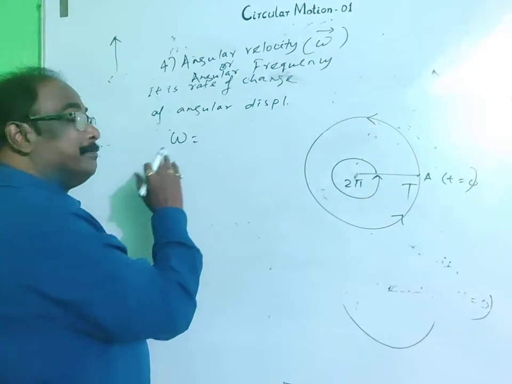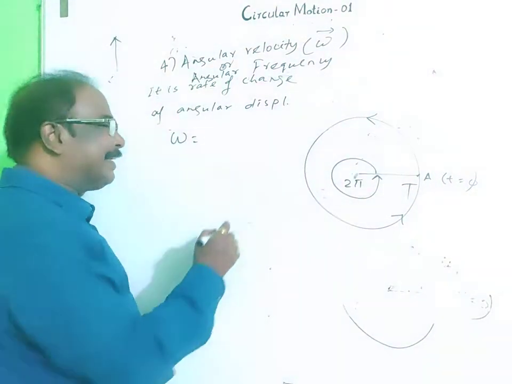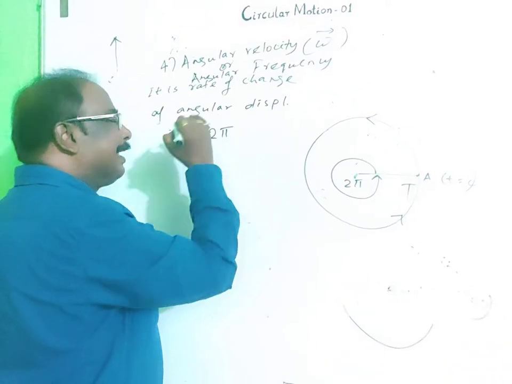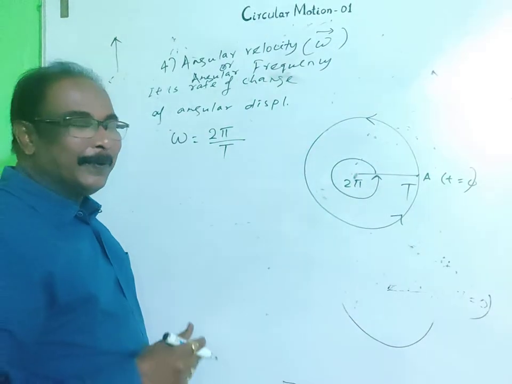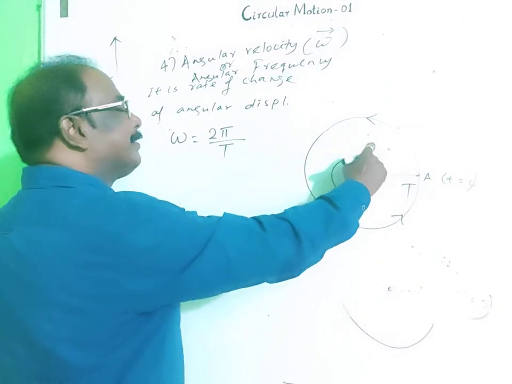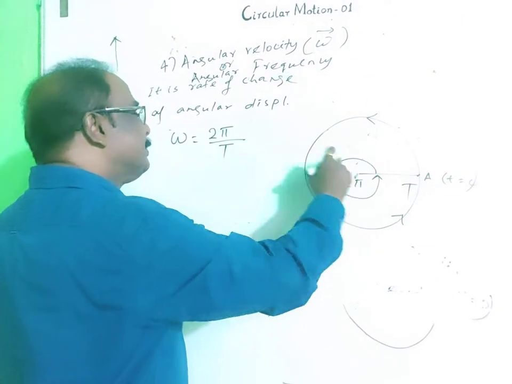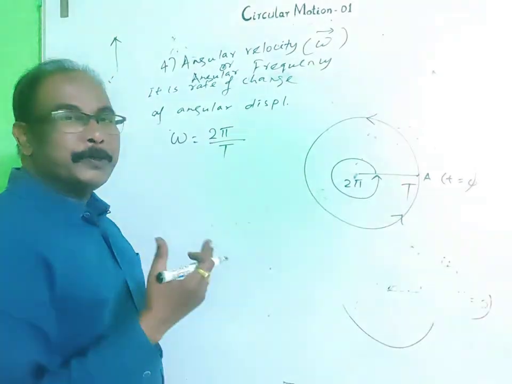The magnitude of angular velocity is total angle 2 pi over total time T. Total angle subtended at the center for one complete revolution is 2 pi, total time is T.